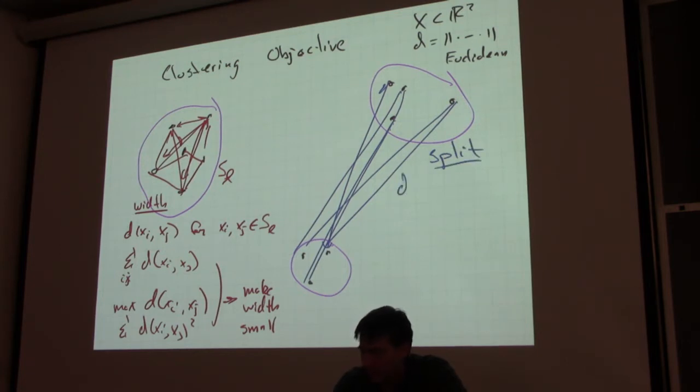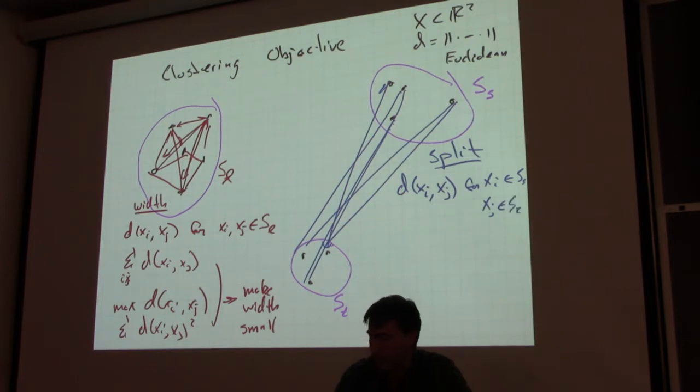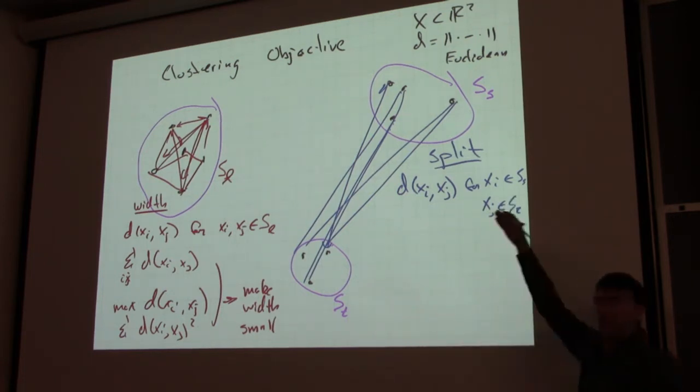This will include the distance d of xi, xj, where we'll call one cluster S_s and the other S_t. And we're going to look at all the distances for xi in S_s and xj in S_t. So I've got edges now going across two clusters.